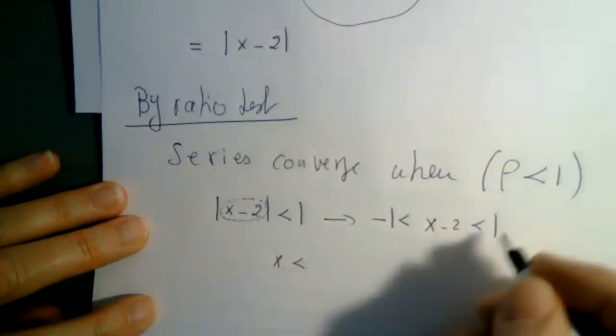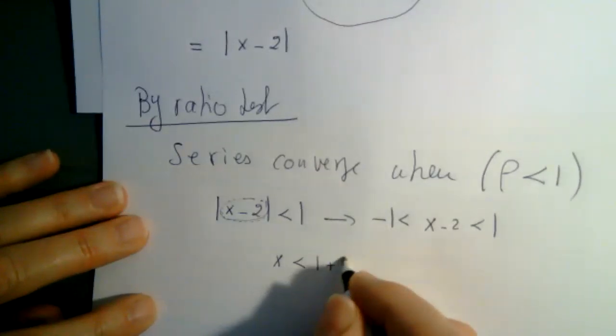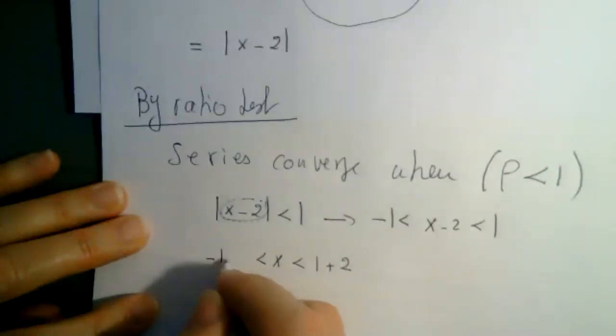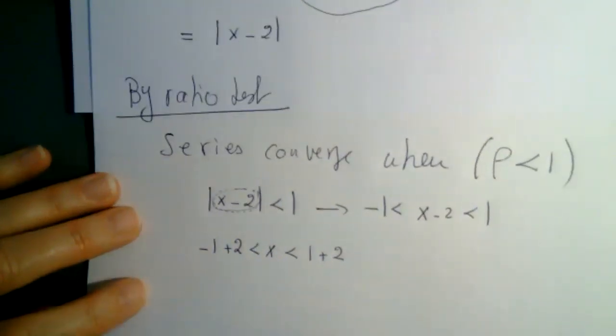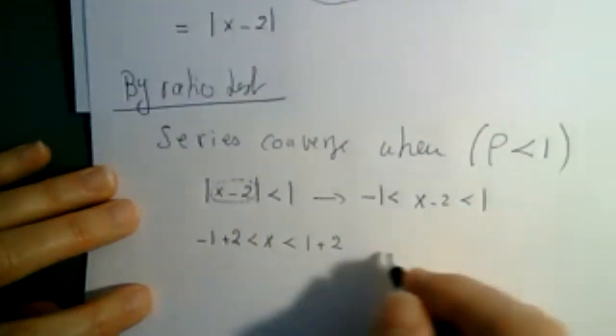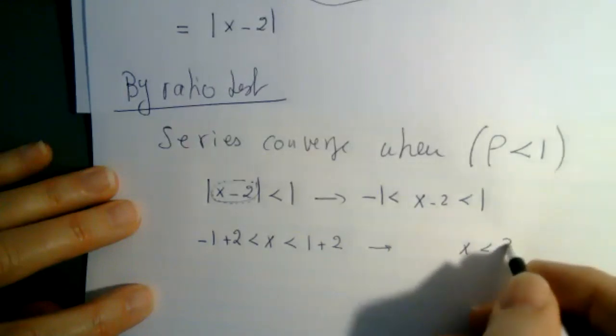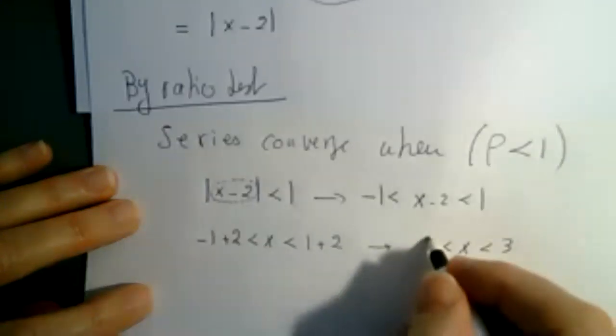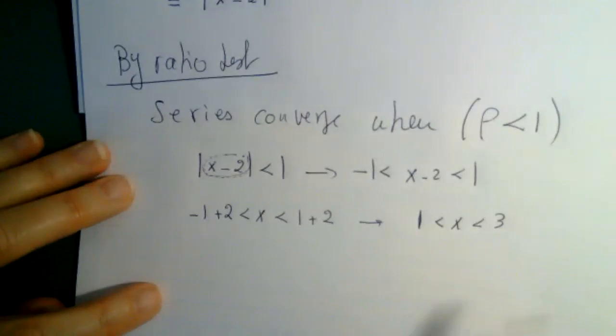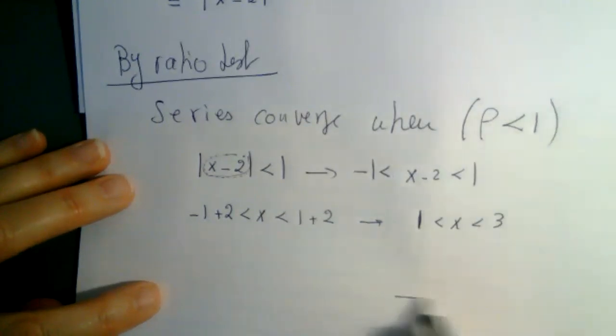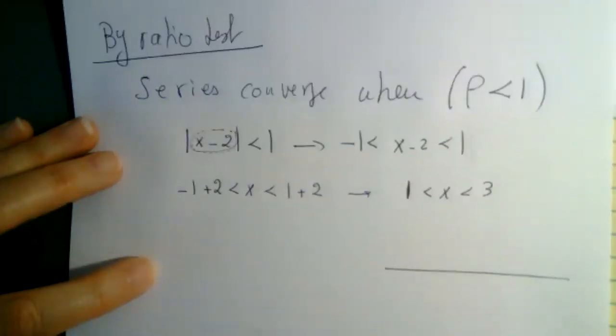It means my x should be between minus 1 plus 2 and 1 plus 2, so between 1 and 3. That's where my x is. So on the number line, what is my x?